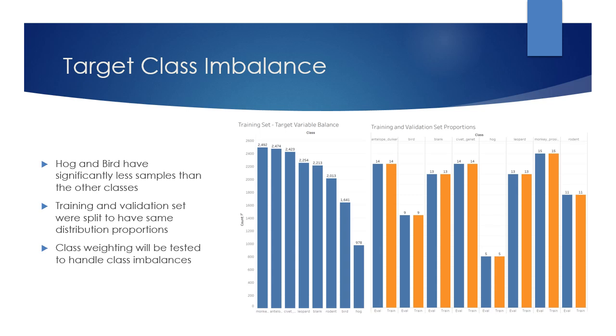In order to handle that, when I was creating the training and validation set, I made sure that they were split to have the same distribution proportions. You'll see in the figure on the right that even though the counts for the validation set are much lower because it's only 30%, the proportion for each class is the same as in the entire training data set.